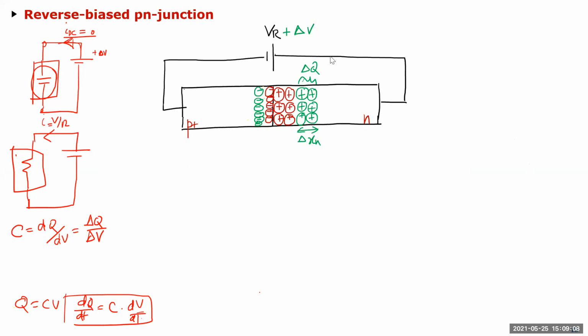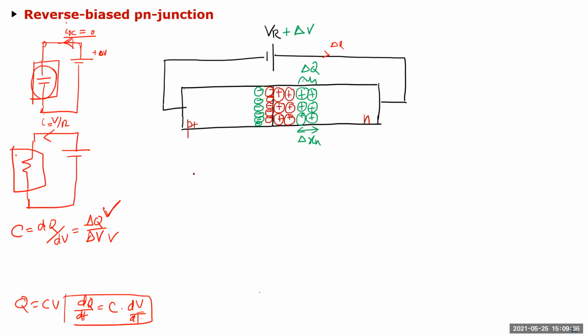So how do I find out the value of this capacitor? I find out what this delta Q is, and I obviously know what delta V is because that's the voltage I have applied. That gives me the expression for the capacitance of this reverse bias diode.